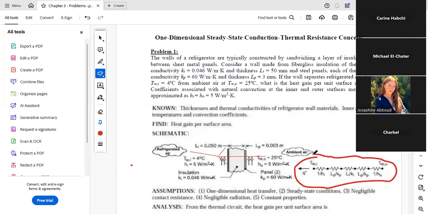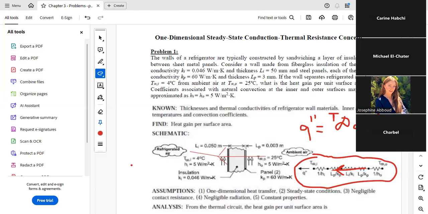So all we have to do is to say that Q second is delta T, where T higher minus T lower. So here, since heat is propagating in this direction, we do T infinity out minus T infinity in, over the summation of resistances.